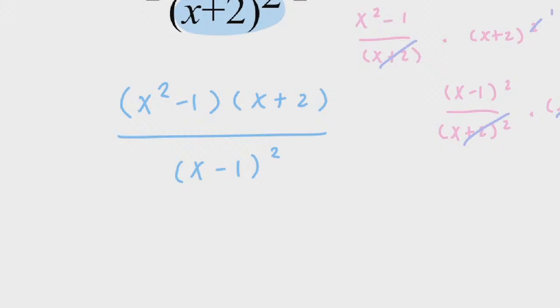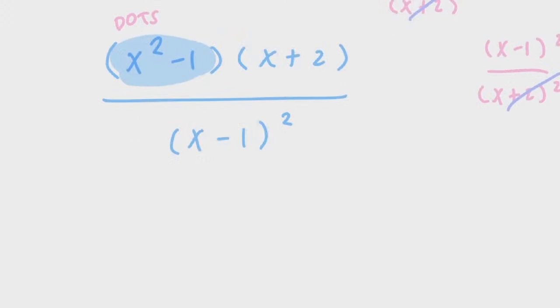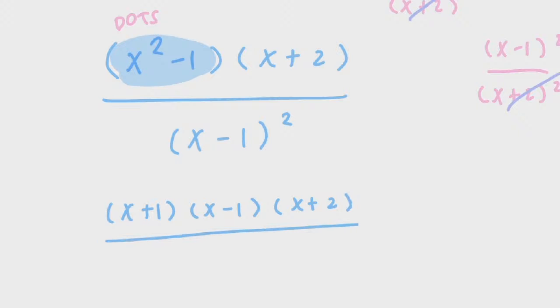Next, we want to see if we can factor any more. So x squared minus 1, this part here, this is a difference of 2 squares. So this is going to factor into x plus 1 times x minus 1. We still have the x plus 2. And in the denominator, we can't factor that more, so we can leave it as x minus 1 squared.